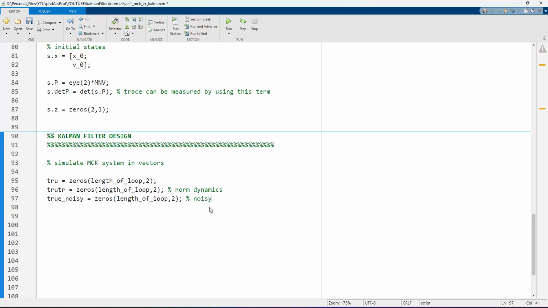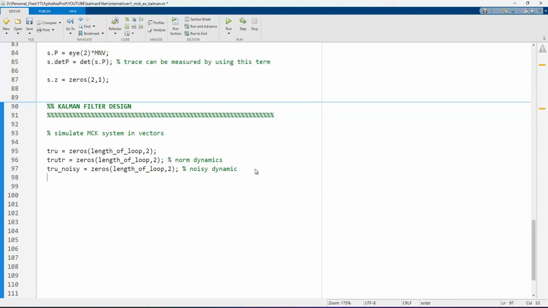This is the noisy dynamics. This is the measured dynamic in our system. The physical system can be measured to obtain the position and velocity value from the noisy inputs. Okay, and so this is the measured signal values, and the true noisy out is the processed signal, noisy out dynamics. And also the true output, the ideal output signals in here.